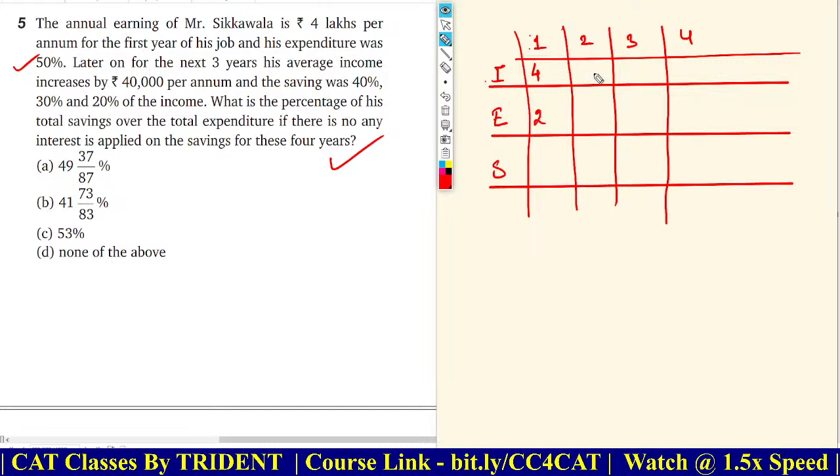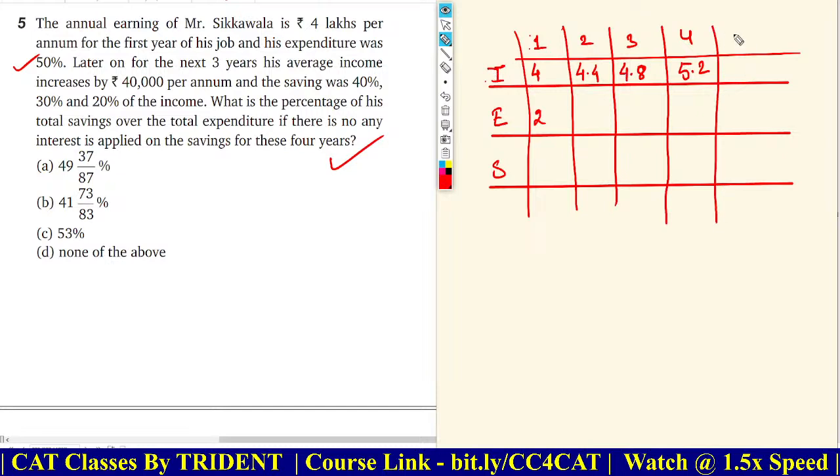Then it increased by 40,000, so this will be 4.4. Then it will be 4.8, and then 5.2. So this is the income of the consecutive years.